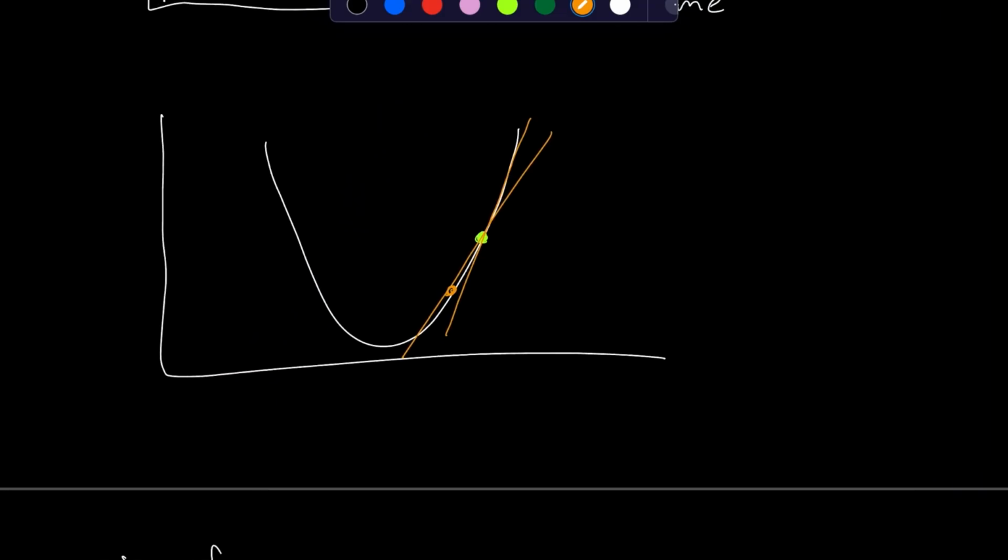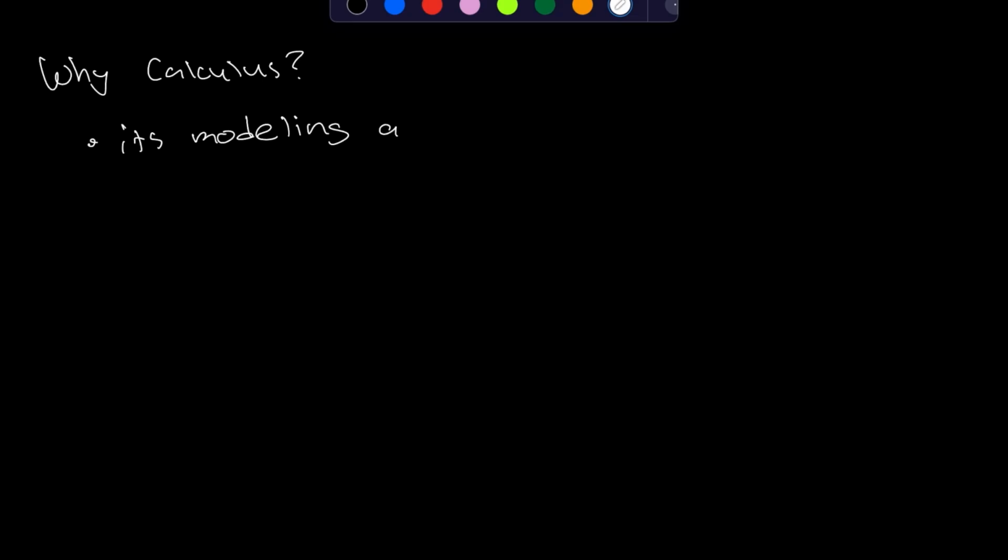So essentially, to sum it up, why is calculus important? Let's write it once more. So essentially, why calculus? To put it simply, it's modeling an accurate world.